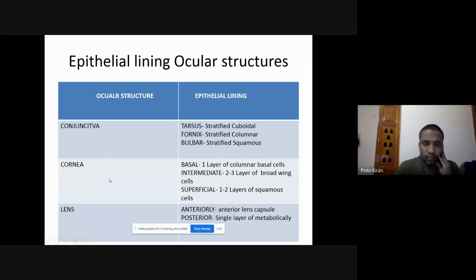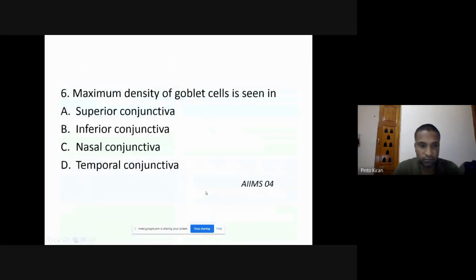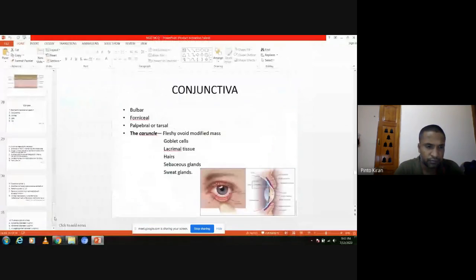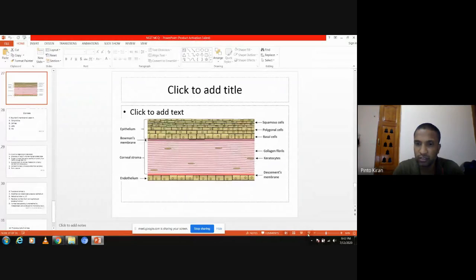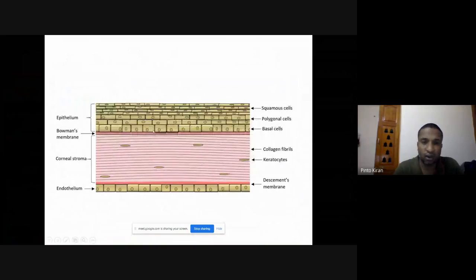Similarly, the cornea has almost six layers. It's not a single layer. Going back for a second, here is a diagram, the corneal cross section.